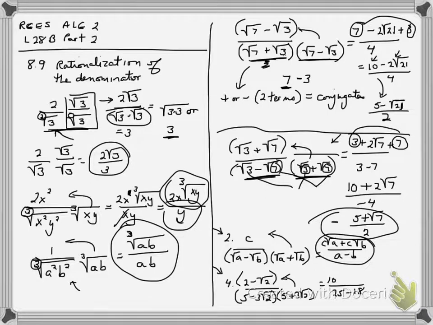Outer terms are going to be plus 3 times 2 plus 6 square root of 2. Inner terms are going to be minus 5 square root of 2. Last terms are going to be minus 3 times 2, or 6. You see that? Okay. So study that for a second if you need to.